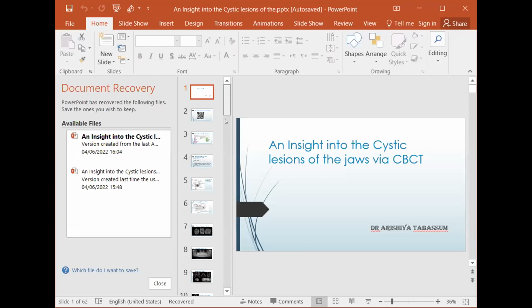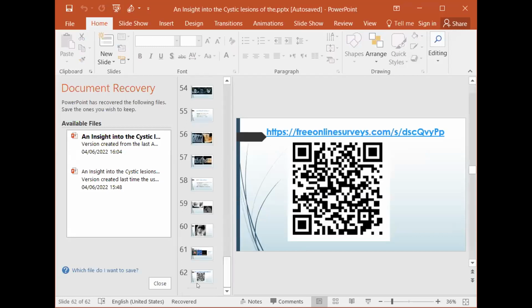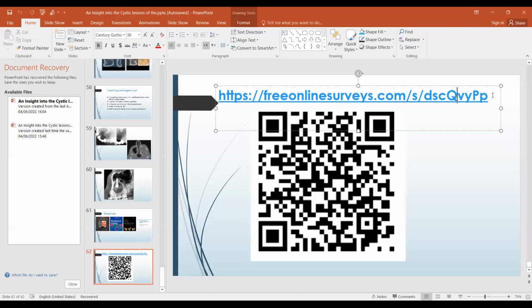So any doubts regarding this? Yeah, there's a barcode here. Just a minute. If you have a barcode scanner, just scan it. I'll send it to you through the chat box. Yes, this survey. Is everyone there?